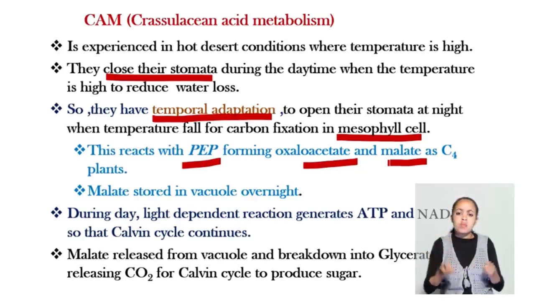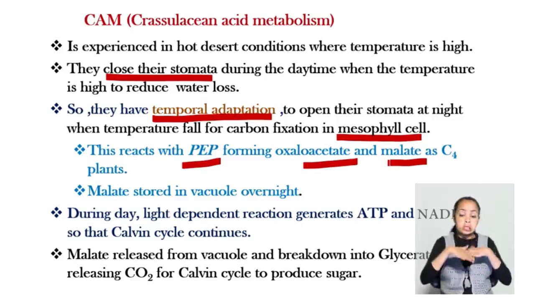Most probably, the reactions in CAM photosynthesis and C4 photosynthesis are similar, except spatial in C4 and temporal in CAM, where the malate produced in the process is stored within a vacuole overnight.